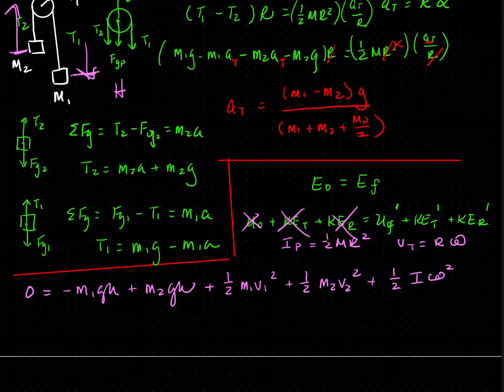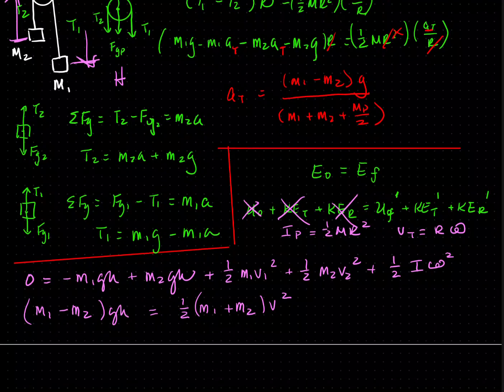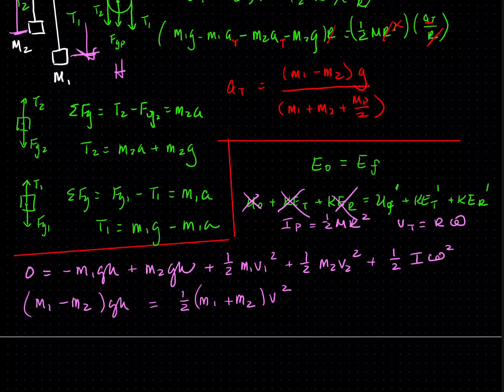Now I'm going to rearrange the equation by moving the potential energies to the left side and factoring out gH. When I do this, this becomes (M1 minus M2) gH. On the right side, I could factor out 1/2 (M1 plus M2) velocity squared, and we could do this because they're tied by one rope, so all the velocities are going to be the same.